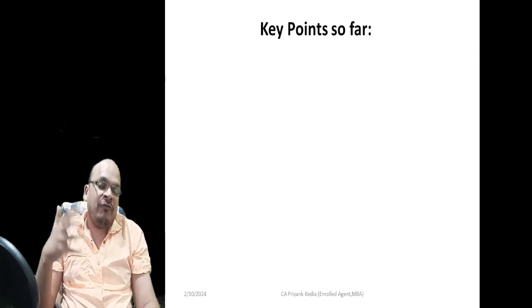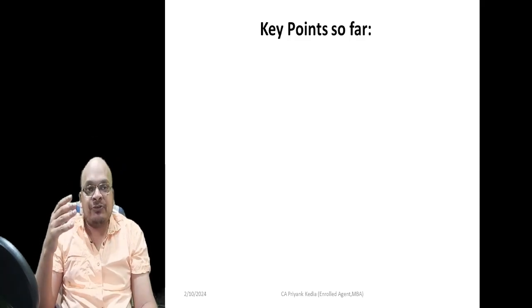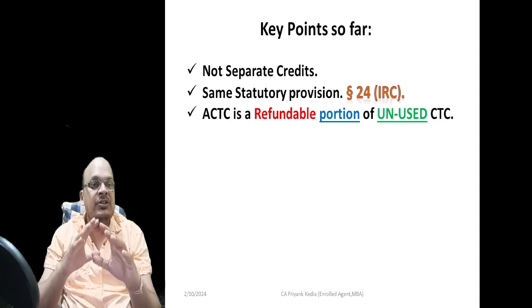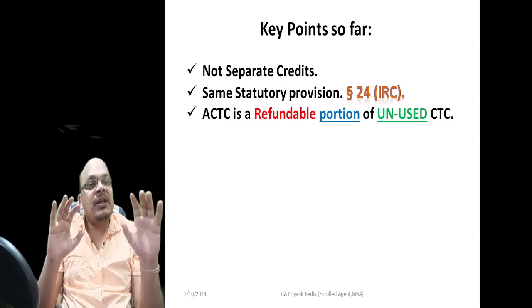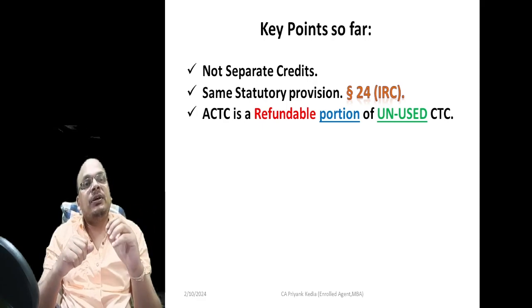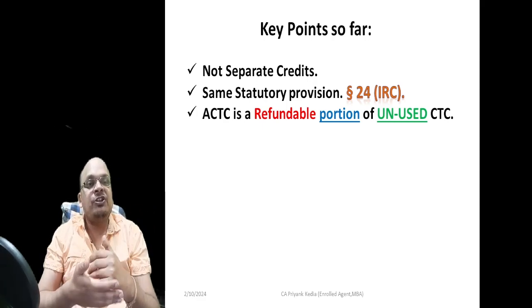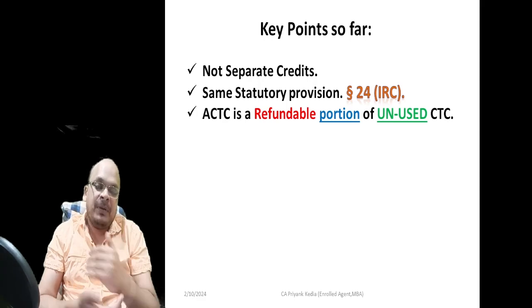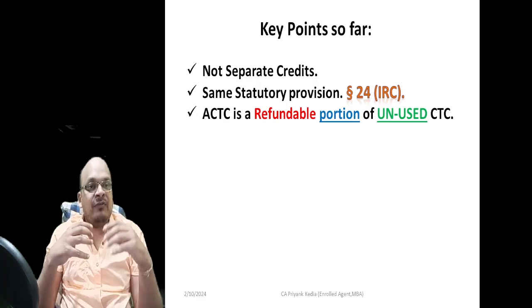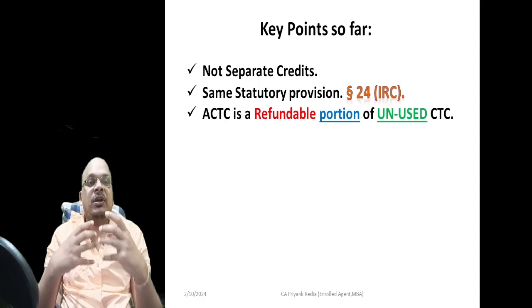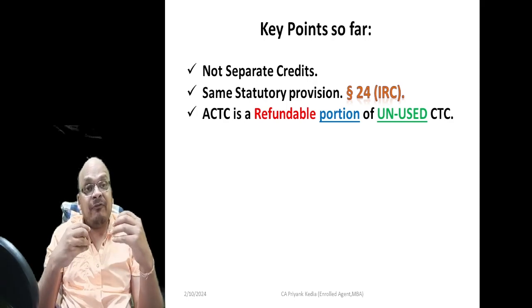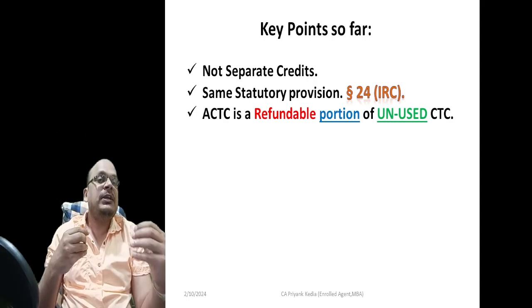Now, so far, talking about the provisions of the theory of the child tax credit and the additional child tax credit, the key points are that these two don't have any separate statutory backing. CTC and ACTC are provided for in the same section, Section 24, though in different parts. Then the key line you have to remember for ACTC is that it is a refundable portion of unused child tax credit.